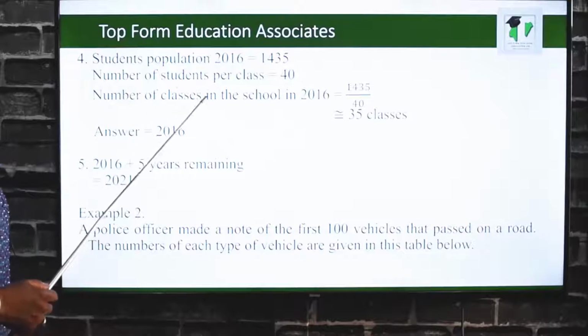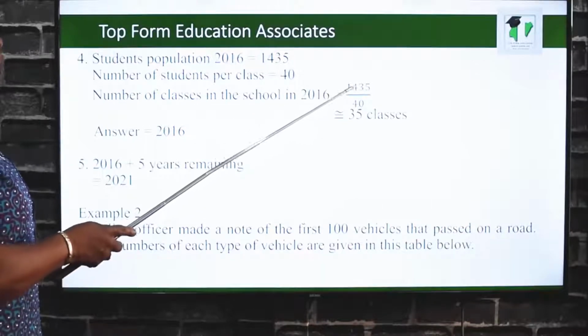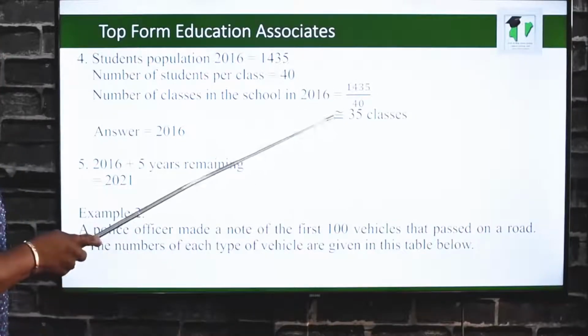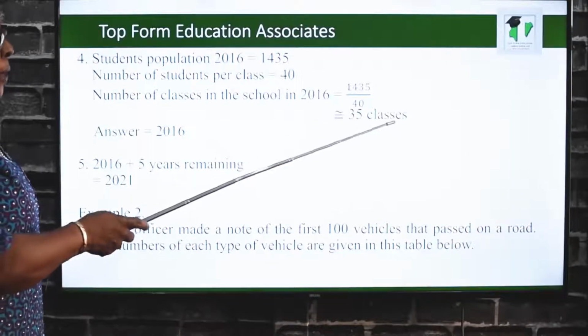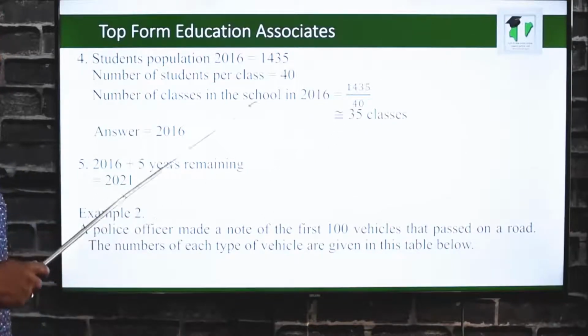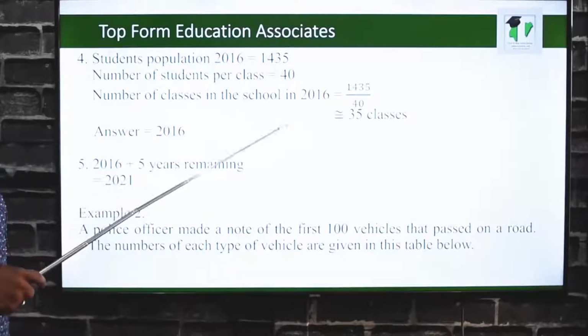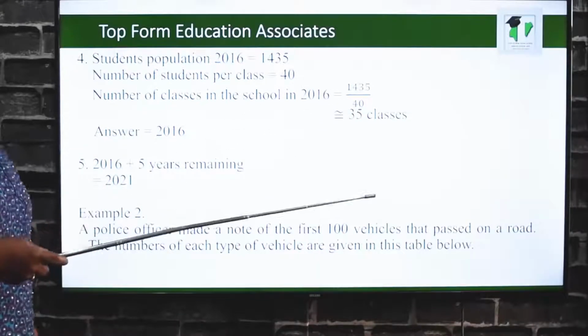So number of classes in the school in 2016 is equal to 1,435 divided by 40, giving us approximately 35 classes. All this while in 2013, 14, 15, the number of classes have been approximately 34 classes.